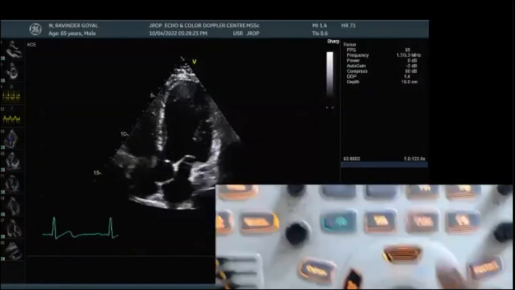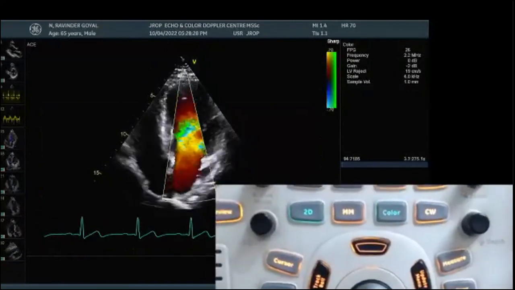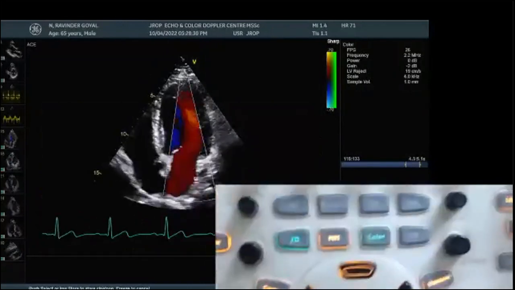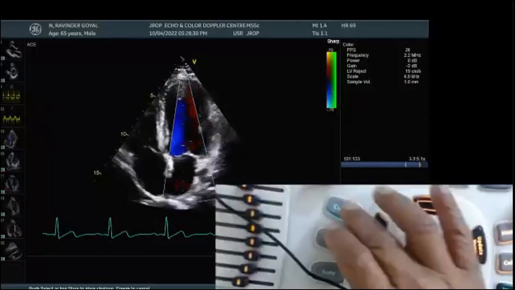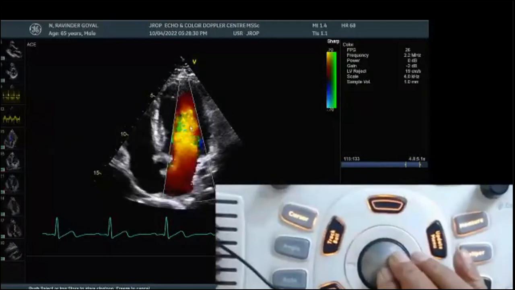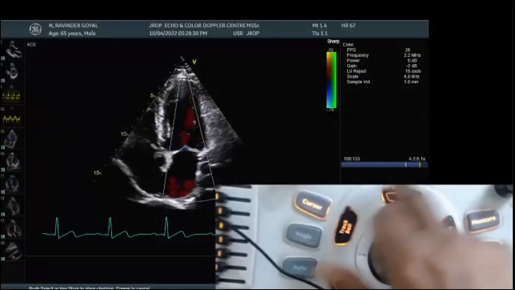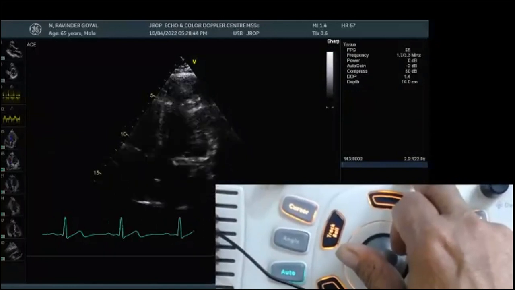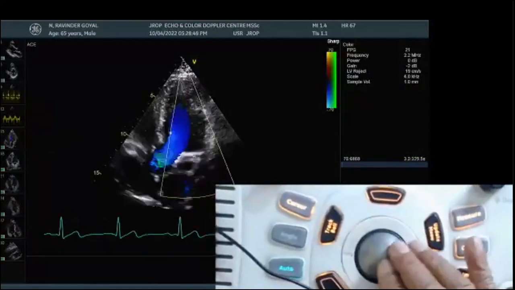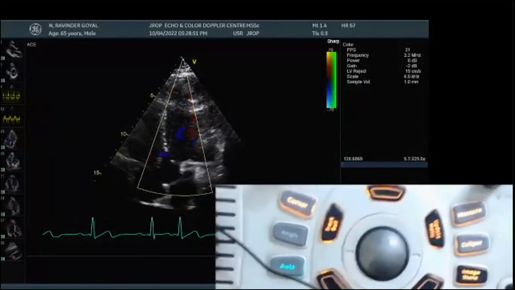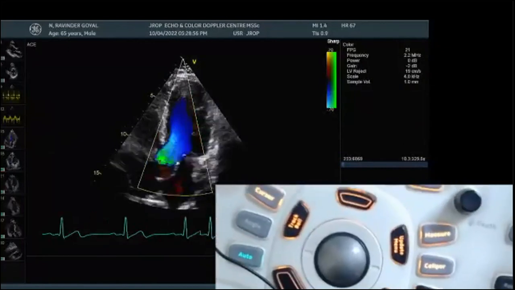Now, just look at the color flow itself. I'm going to freeze this patient, store this image. Now, color towards the transducer is red in color. Away from the transducer is blue in color. I'm widening the scale to explain to you. The color towards the transducer is red, the color away from the transducer is blue.